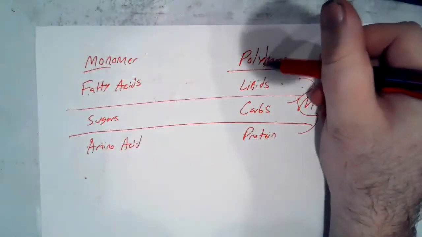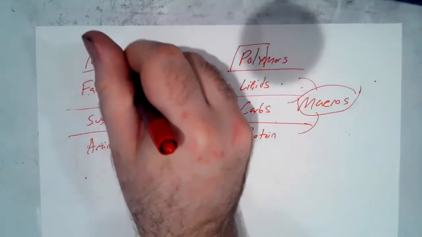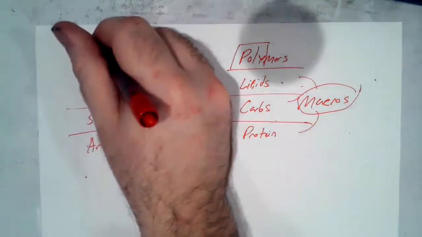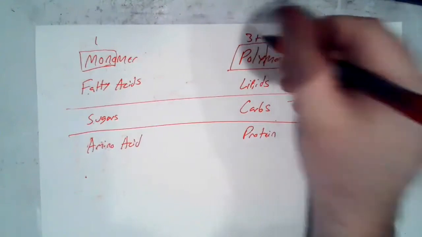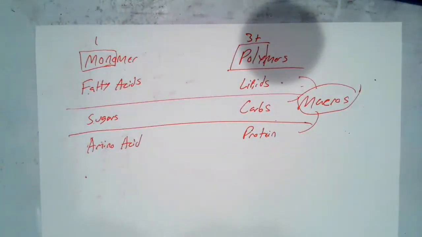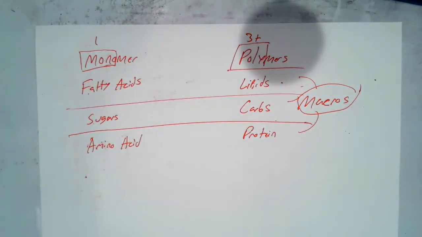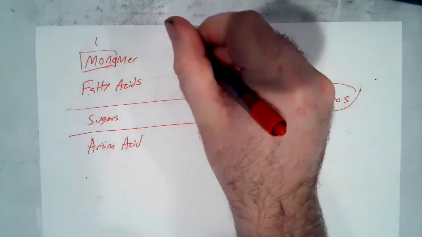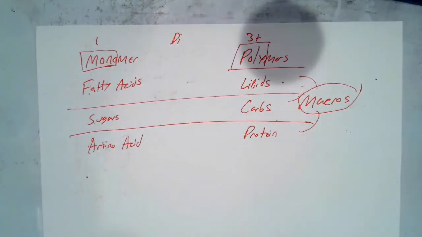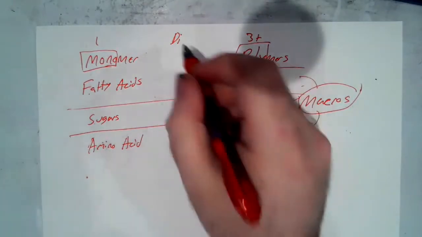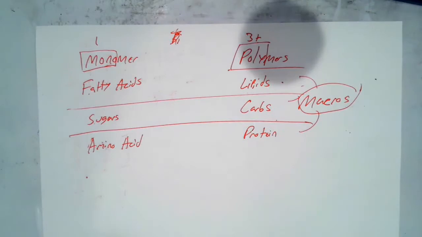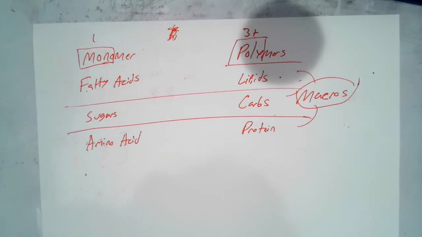And again, these prefixes here, poly and mono, are going to be very important because mono means one, poly means three or more. So what's in between these two? Well, we sometimes call them di, like a disaccharide, but we really don't use that too often other than just sugars, of course.